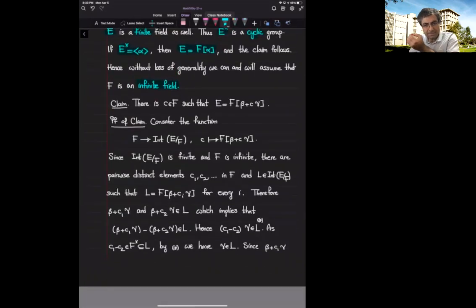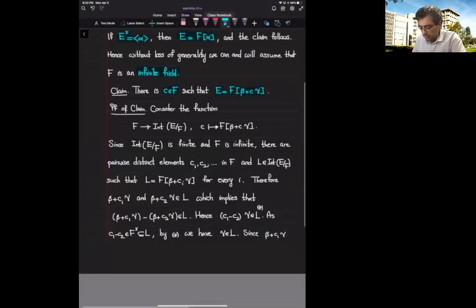Now, my claim is I can find some element c inside this field that is nonzero and make sure that beta plus c gamma is a primitive element, which means E is generated by F and the element beta plus c gamma. Okay, let's see how the proof goes.